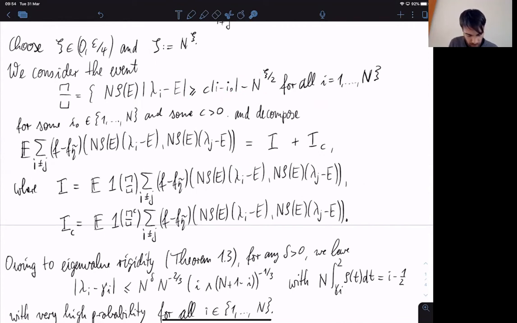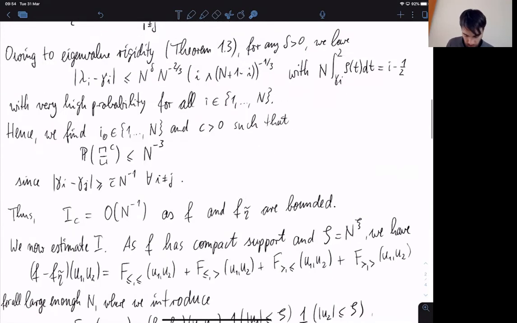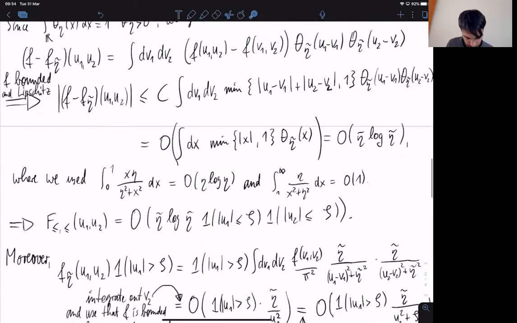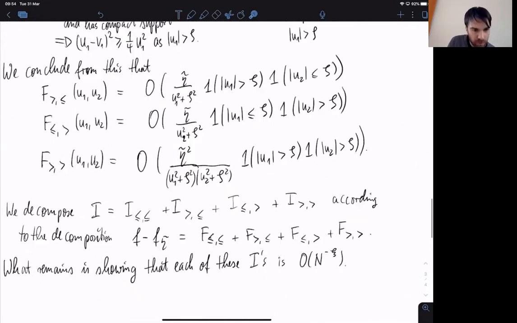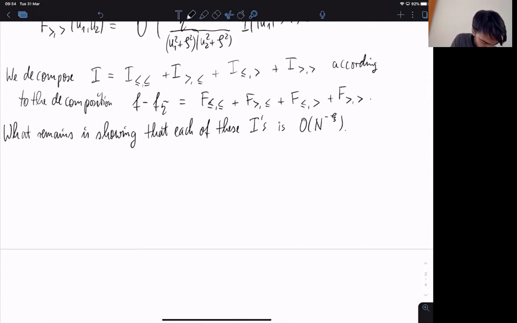Now these characteristic functions for the U1 and the U2 in the definition of the f's will come in handy, but first we use this definition to estimate how many of these terms we actually have.